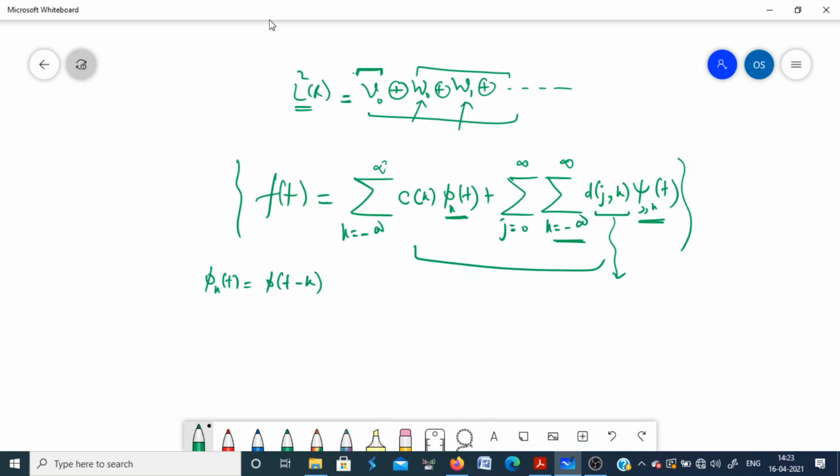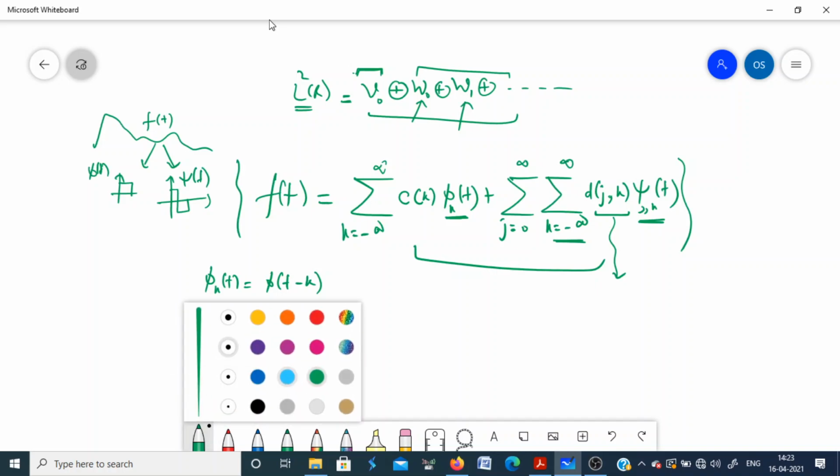It means if you have some function and you want to express it in terms of the wavelets and the scaling functions, you have to choose a scaling function. Let us suppose it is Haar scaling, and then you have a wavelet function. So you have phi t, then you have psi t.